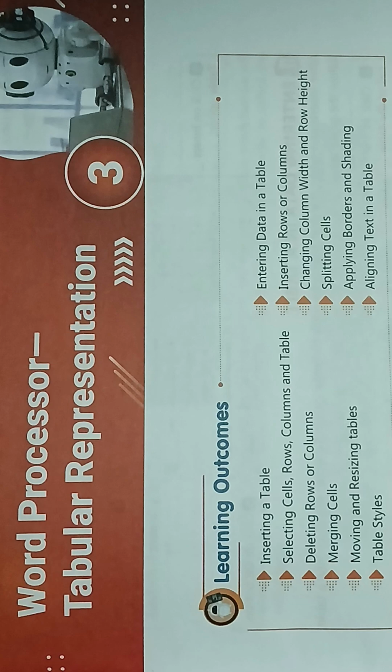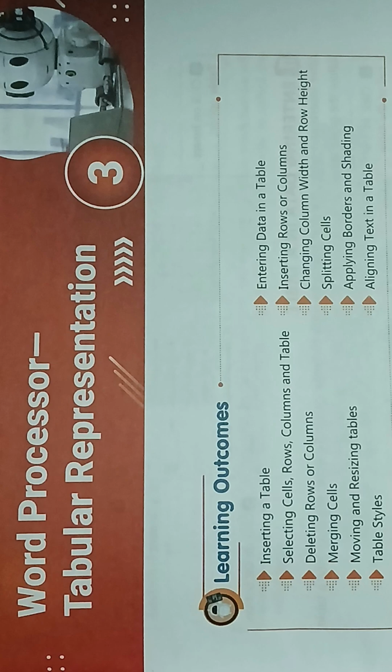Formatting controls the overall appearance of a table, and table style is an inbuilt facility to change the appearance, colors and borders of a table. The table move handle and table resize handle are also used to move and resize the entire table respectively. Splitting is dividing the selected cells into separate cells.